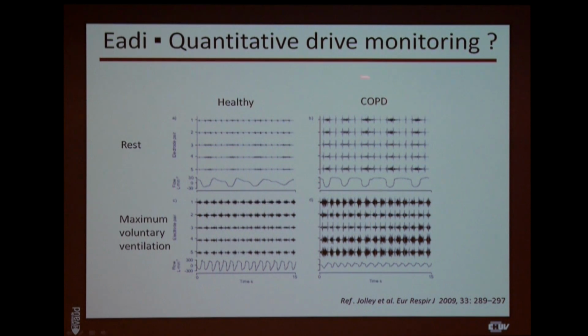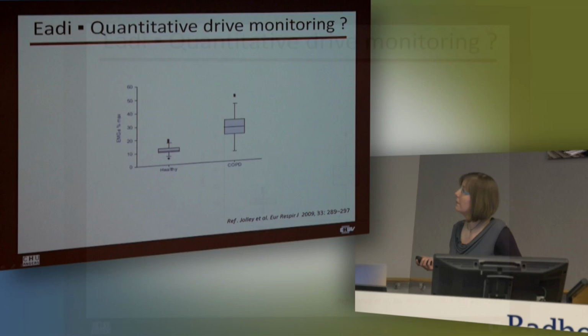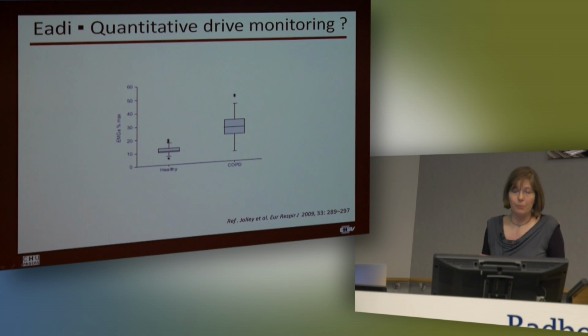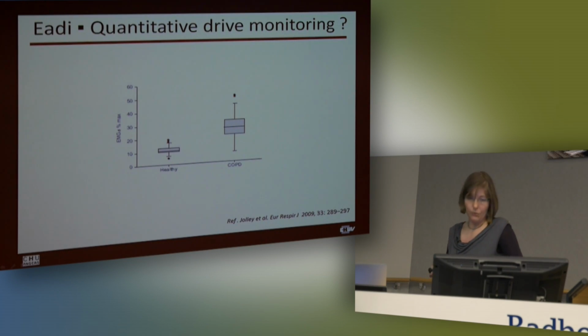We also see that in the COPD patient, we have higher baseline amplitude and higher amplitude during maximal voluntary ventilation compared to the healthy individual. If we compare the values of EADI after normalization, we can see that in a group of COPD patients, the values were higher than in a group of healthy patients.